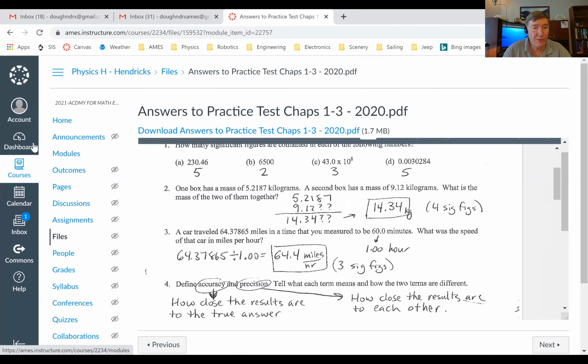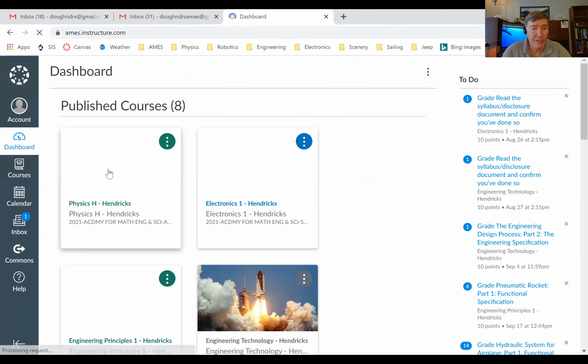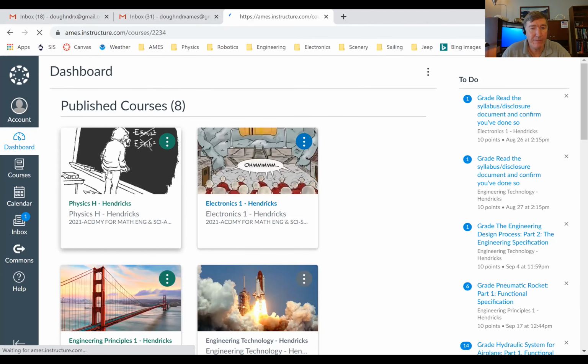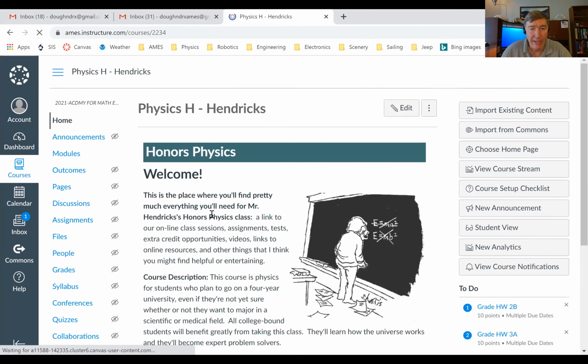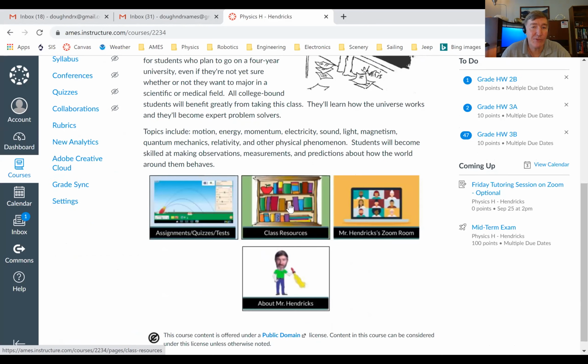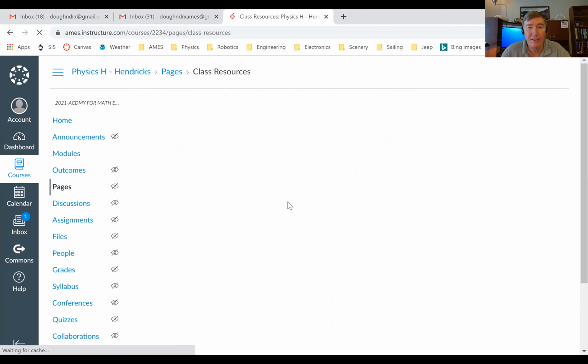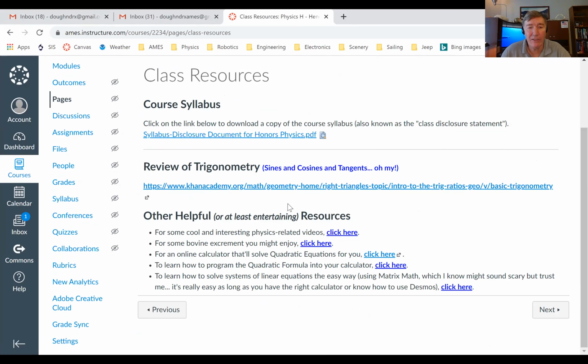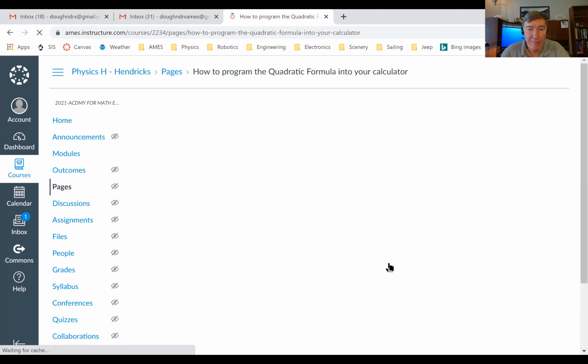So if you guys go to the dashboard, and go to Physics H, and you come down here to class resources. We haven't looked very much in class resources. Let's look in there now. You'll see that I've got this page right here.